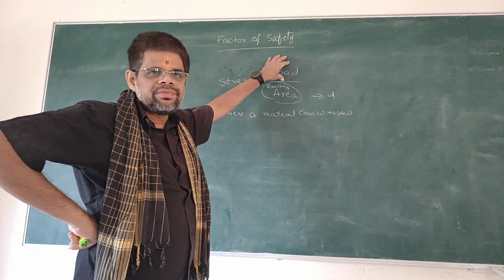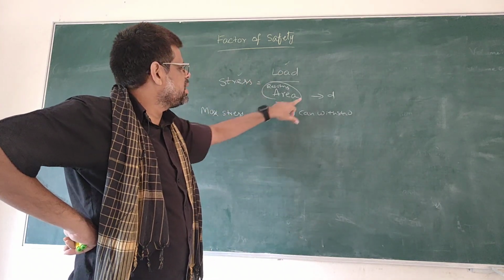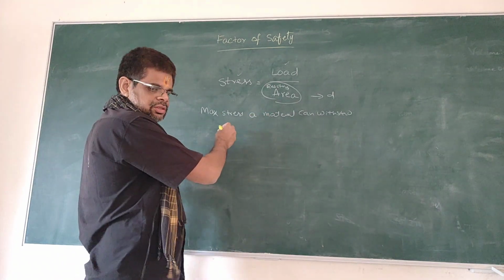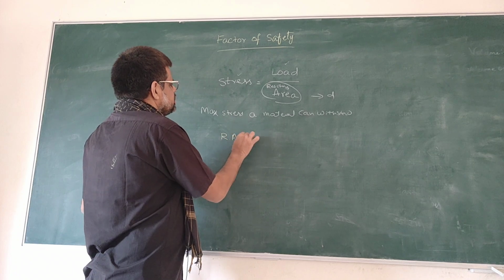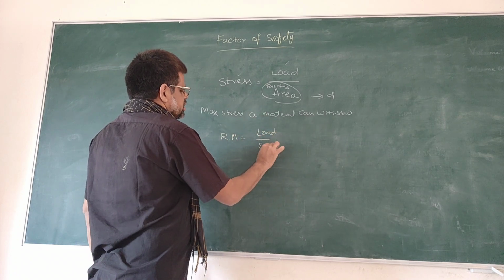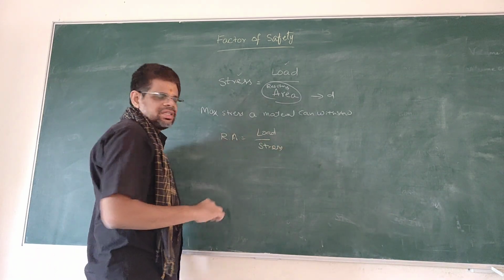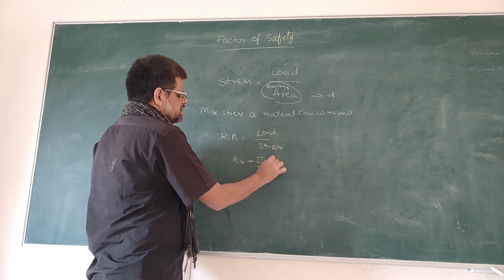You are given the load and you are given the maximum stress value. Then you can determine the resisting area. So how do you get that? This resisting area is equal to load by stress. Once you get the resisting area, then resisting area is equal to pi by 4 d square if it is a cylindrical section.